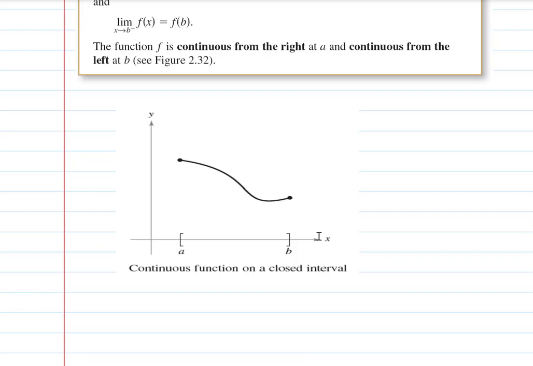The limit of f of x as you go to a from the right is equal to f of a. In the same way, the one-sided limit of f of x as x goes to b from the left is equal to f of b. If that's true, along with everything else in the middle, if it's continuous at every point within a and b, then we have continuity on the closed interval. Pretty straightforward. This is one way where we get to use the one-sided limits, by checking them on the endpoints of a closed interval.